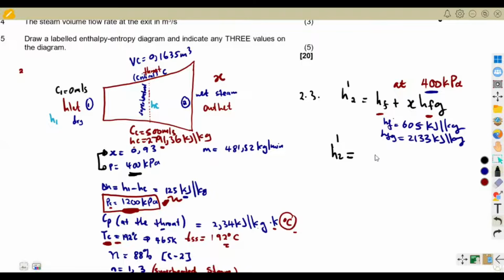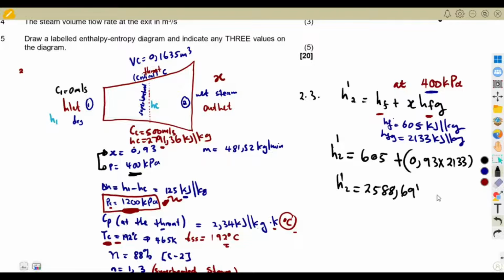HF 605 plus the dryness fraction, that's 0.93, times HFG, which is 2133. All right, so that is what you're gonna have in this case. And this is gonna give us 2588.69 kilojoule per kg. All right. So remember, this is the enthalpy then.